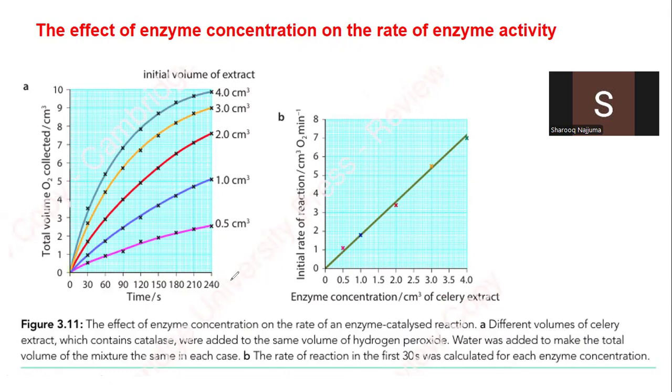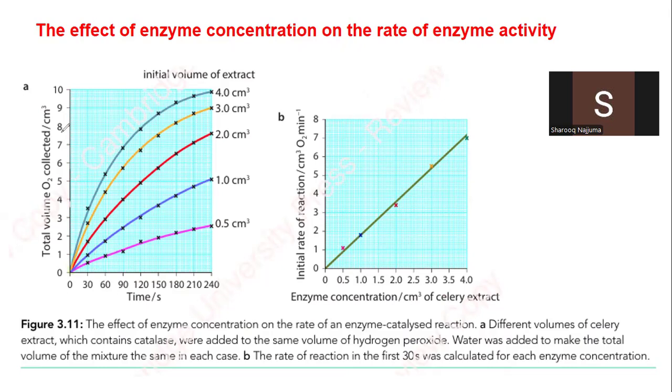And then they were able to track the rate of reaction by measuring how much oxygen was released as time went on. For example, for the test tube where they added a celery extract of volume 0.5 to the hydrogen peroxide, they were able to track how much oxygen is released in 30 seconds, how about in 60 seconds, and so on.